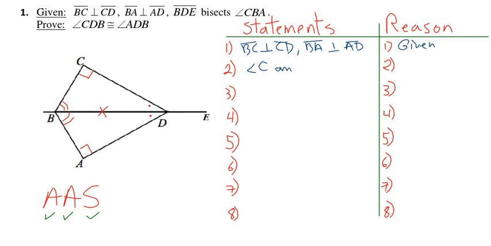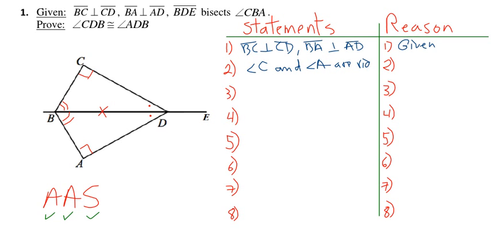And what do I get from these perpendicular lines? I get angle A, which is also a right angle. So angle C and angle A are right angles.